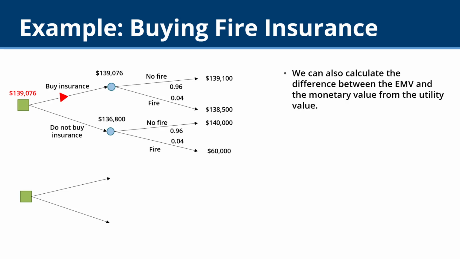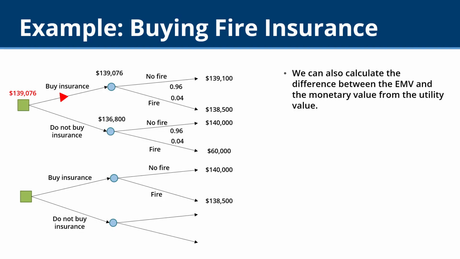The other tree at the bottom is if you take the utility function perspective. The events are in the same order: you either buy or you don't buy insurance. Then you have a chance node of whether there is a fire or there is no fire. If you don't buy insurance, same thing, you either have a fire or you don't.